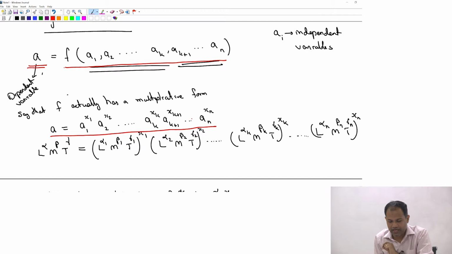And if I write down the dimensions of all the variables, let's say the dimension of small a is in terms of L, M and T raised to some arbitrary powers, and each of the others is also in terms of L, M and T raised to some arbitrary powers, to the power of x1, because I have assumed the function itself is a1 to the power of x1. So I have just written each of them as some L, M, T to the power of something.